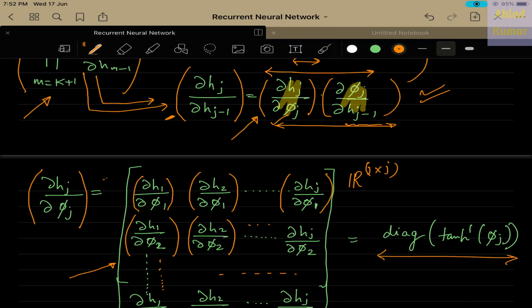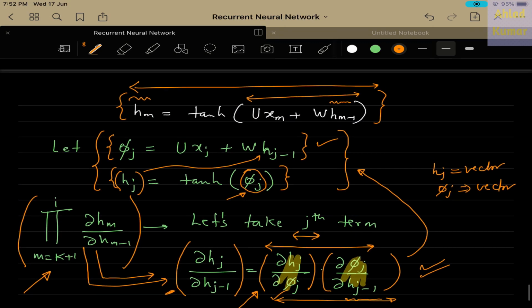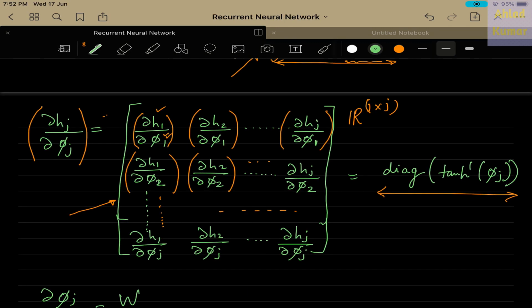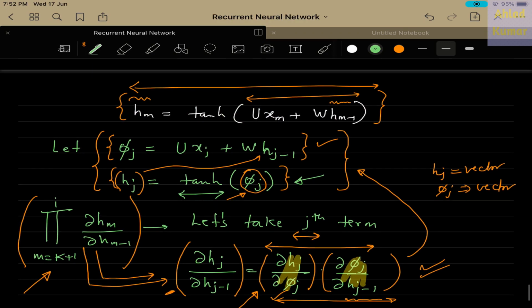The reason for that is, if you take the derivative of h1 with respect to phi 1, then what will that be? If you see this equation here, it will be the derivative of the tanh. But if you take the derivative of h2 with respect to phi 1, then it will be 0, because that link is not there: hj is related to phi j, and it's not like hj plus 1 is related to phi of j.